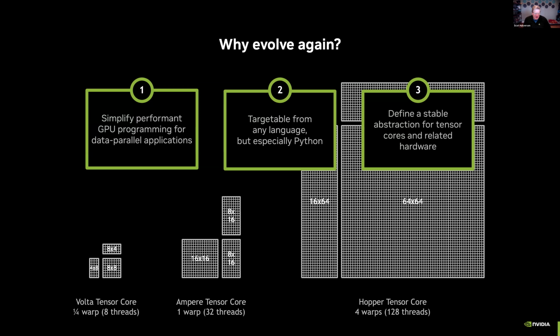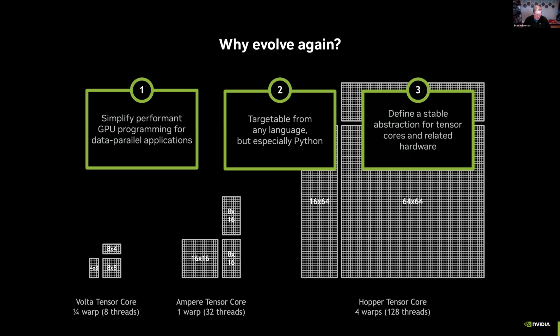Again, as I mentioned, the tensor cores on an NVIDIA GPU are realistically the most powerful or most capable compute portion of the GPU. And you can see with the diagrams that I'm showing behind these three points how this has expanded over time.